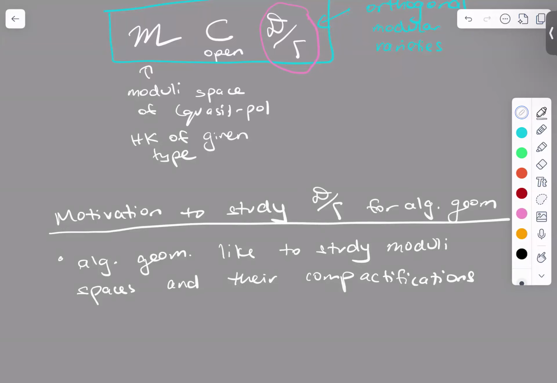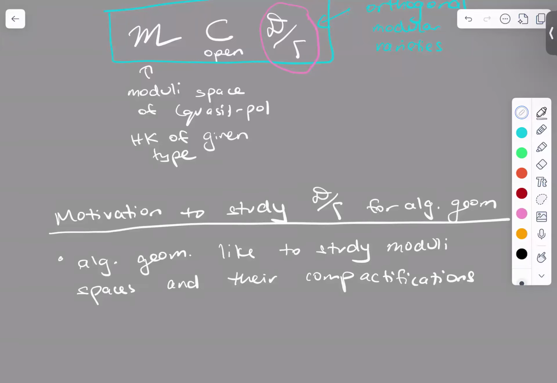Moduli spaces give us a language through which to understand and formalize families of varieties. So often knowing something about the geometry of the moduli space gives us new information about families of varieties of the type parameterized by that moduli space. We'll see an example of this at the end of my talk today.